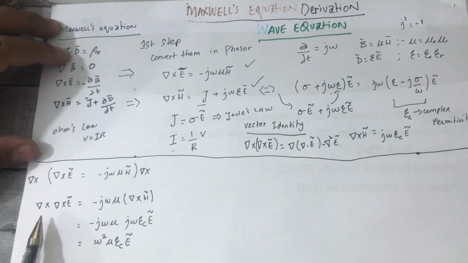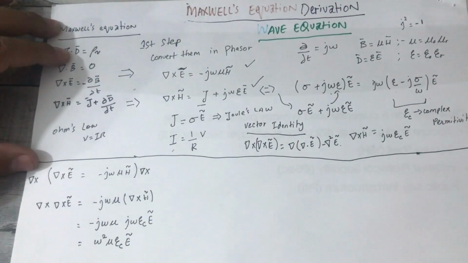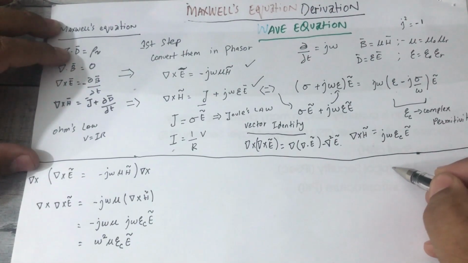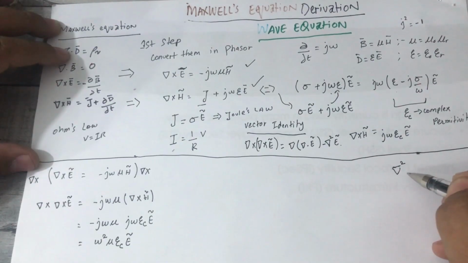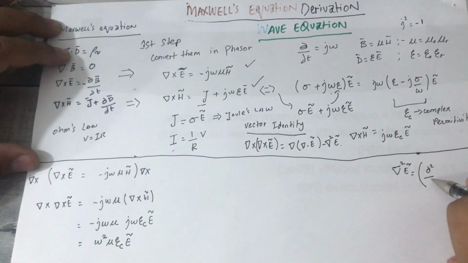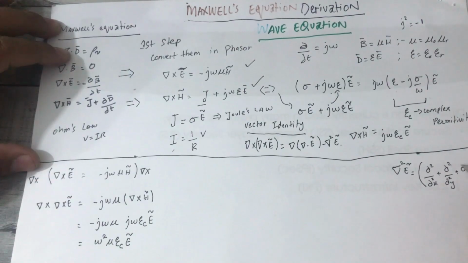There's also something else that we know. What is del squared? Del squared of any vector is given by the partial derivative with respect to x, plus the partial derivative with respect to y, plus the partial derivative with respect to z.